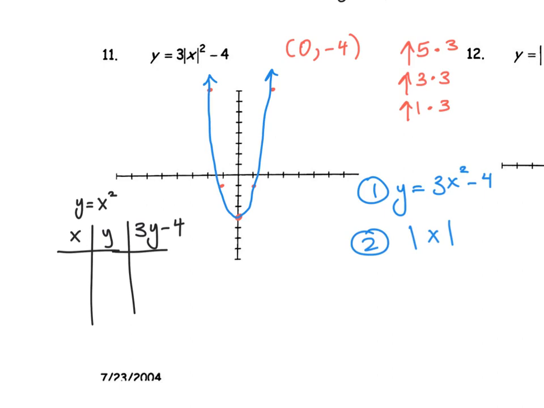So really, whether you erase it or not is going to be exactly the same graph. So in this case, 3x to the power 2 minus 4, with the absolute value or without it, it's the same thing. Now remember, this is possible because the vertex is on the y-axis, so the axis of symmetry is really the y-axis, so it's reflecting over itself. So that would be my graph with no changes.